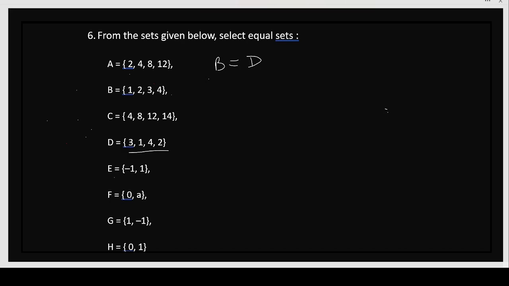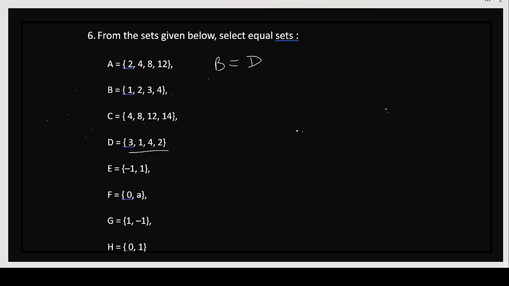Now see C, 4, 8, 12, 14. You can compare with 3, 1, 4, 2. No other set is equal to C. The elements present in C are not present in all other sets. So C is not equal to any other set here.